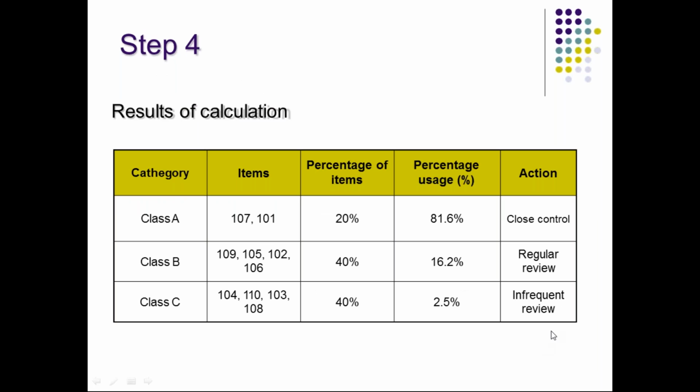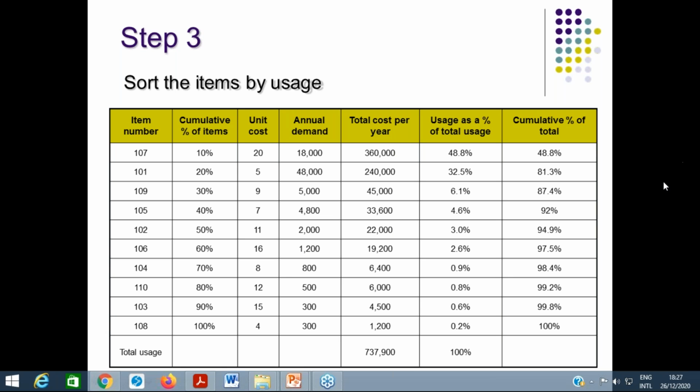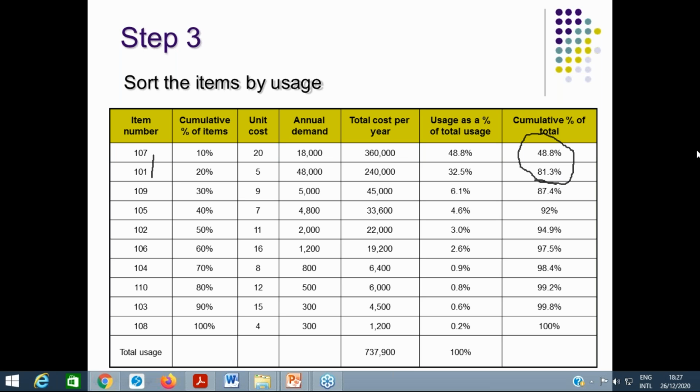From this we can see that these two items, item number 107 and 101, constitute nearly 80% of the total cost. So these can be classified under the A items, or the A value here.